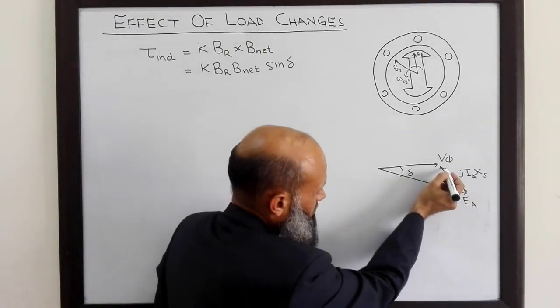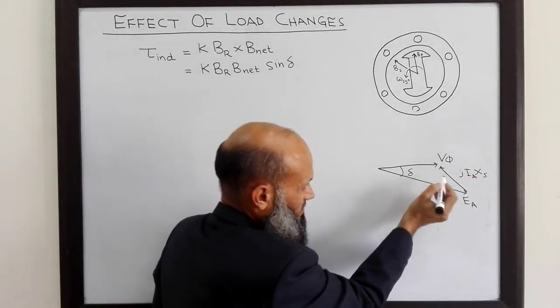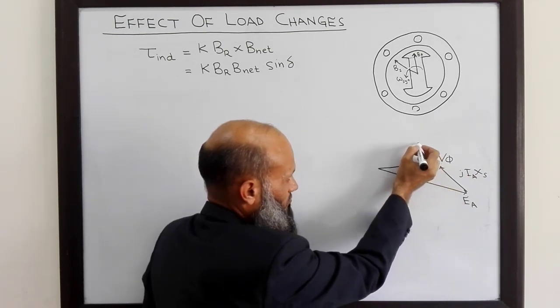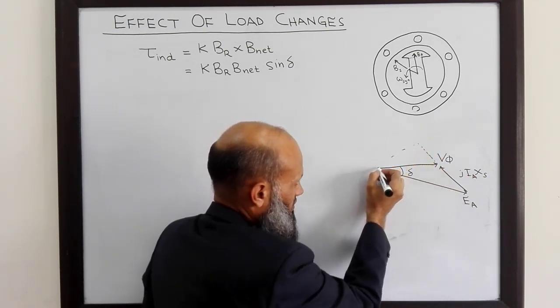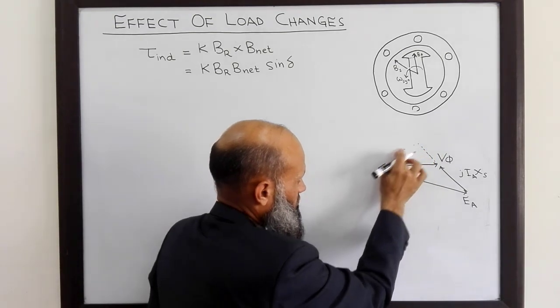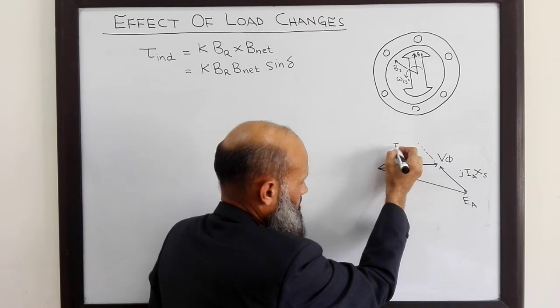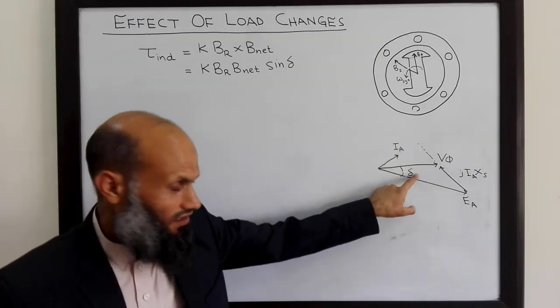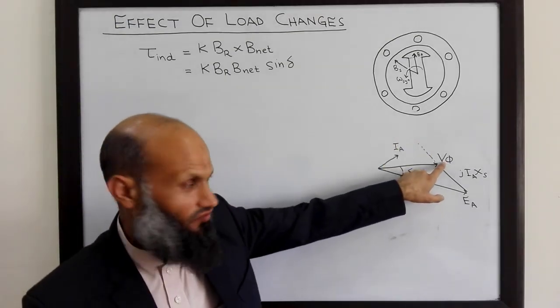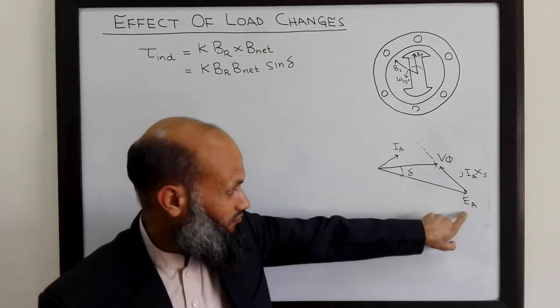And this phasor jXS IA is perpendicular to the phasor for current. So this delta is the angle between the phasor for V phase and EA.